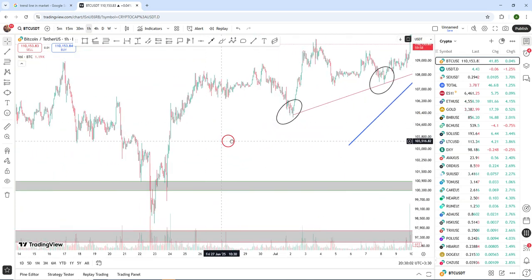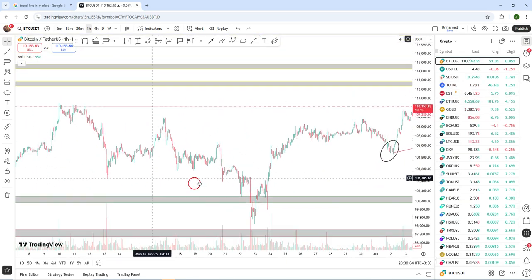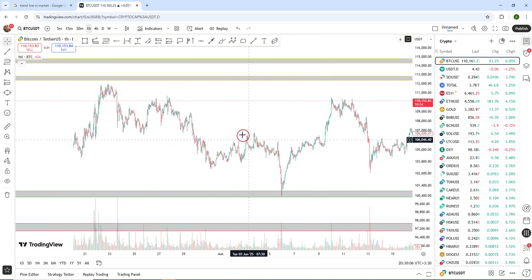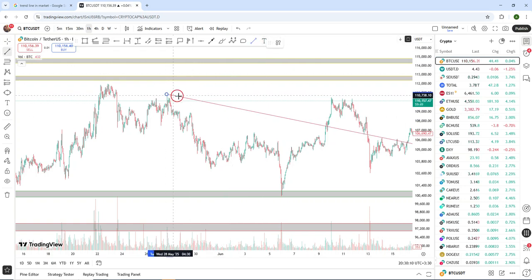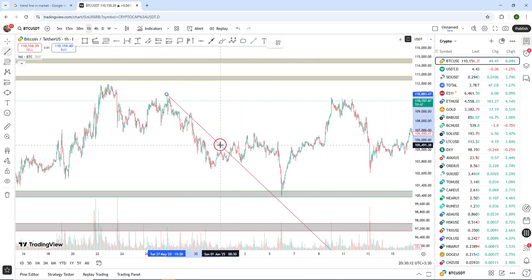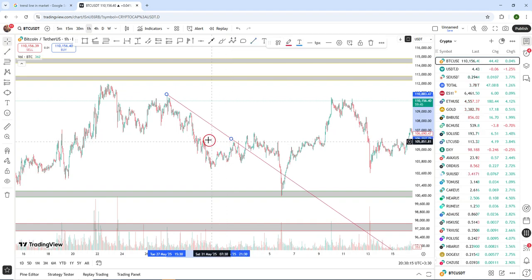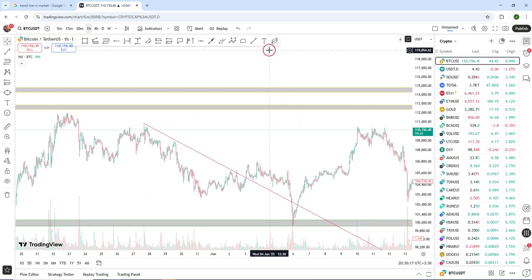On the opposite side, we have the bearish. For example, the price is coming down from here to here. Every time the price hits this area, it's going down.